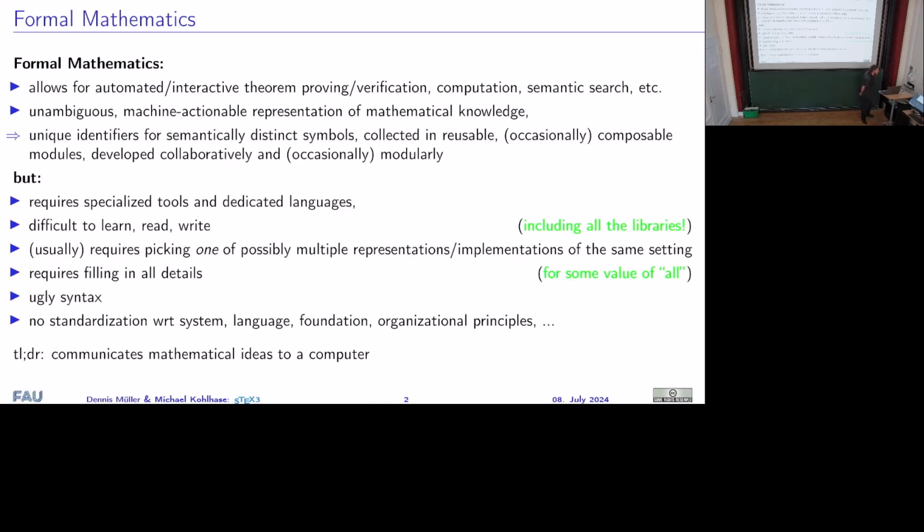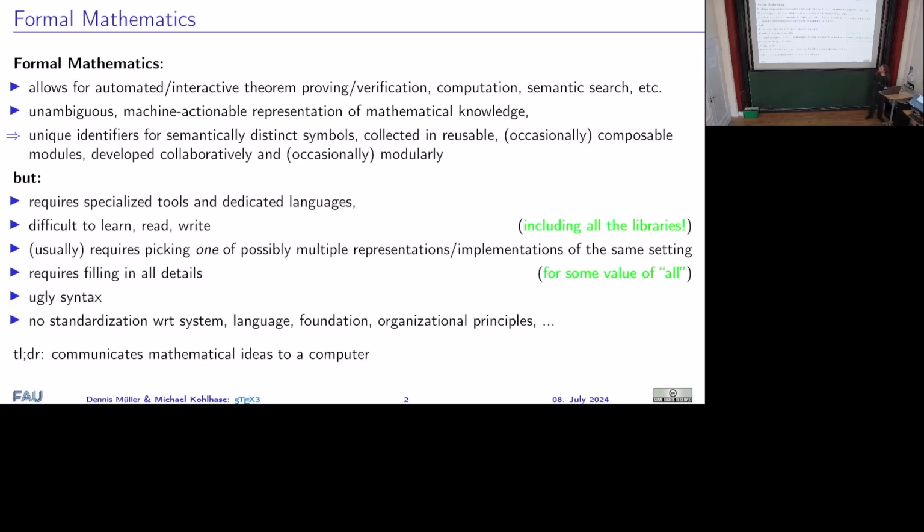The flip side of that is, of course, we need specialized tools and dedicated languages, which are generally difficult to learn, especially for those for whom learning formal syntax is not second nature anyway. There are multiple more or less competing systems and languages of which you have to choose. Knowledge does not necessarily transfer between them in a direct way.